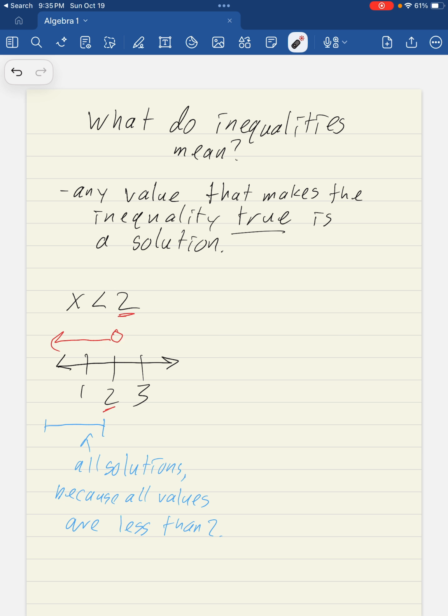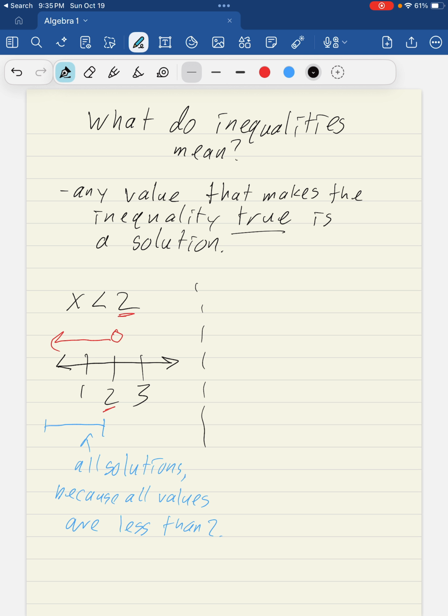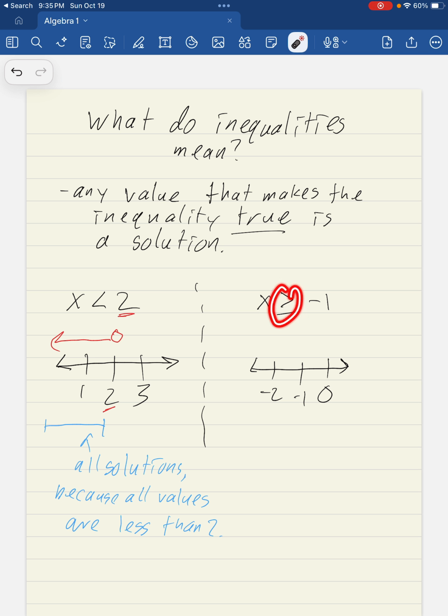Now, the alternative of that, let me show you the other option. I'll do a quick one over here. I'm going to go x is greater than or equal to -1. Okie dokie. I'm going to graph this guy. We have our -2, -1, 0. And looking at this sign, we recognize we have a line underneath, which means we have a closed circle at -1.